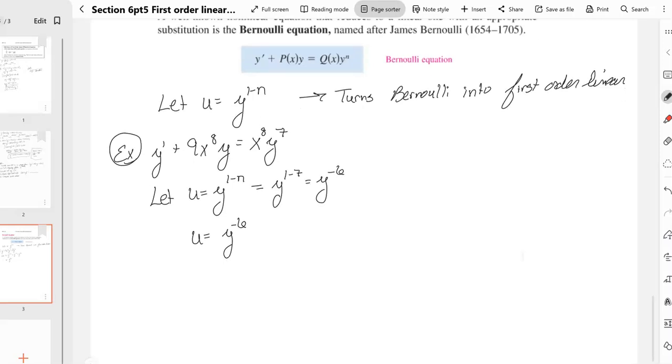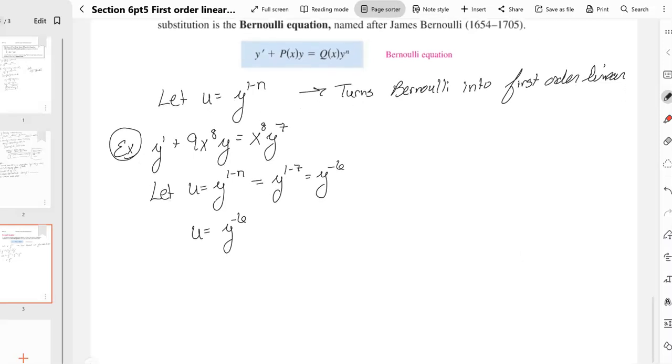So let's do a few more things to this. If that's true, then to get y by itself, I would raise both sides to the negative 1 over 6 power. So I've got y is equal to u to the negative 1 over 6.